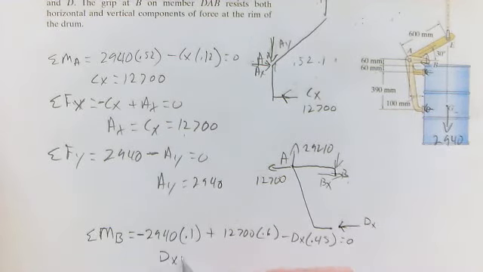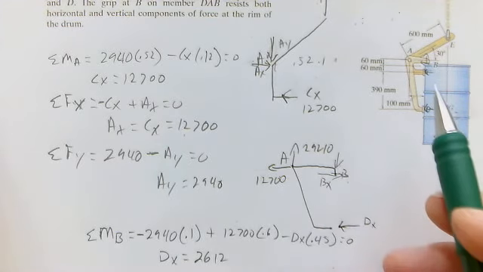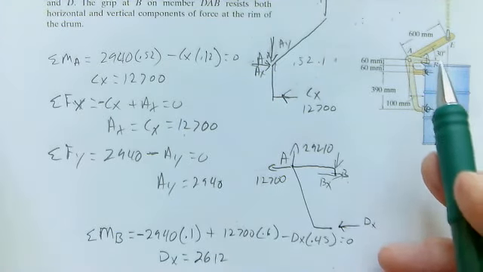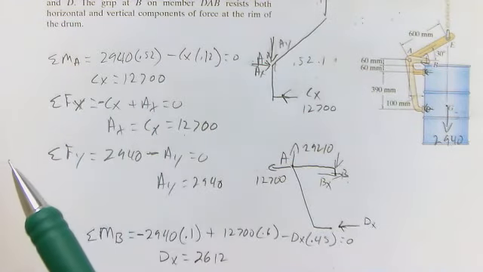So DX equals 2612. And it doesn't ask for B, so that is the end of it.